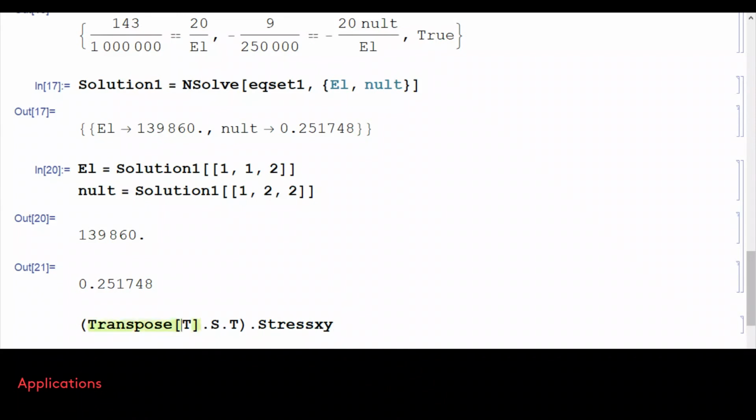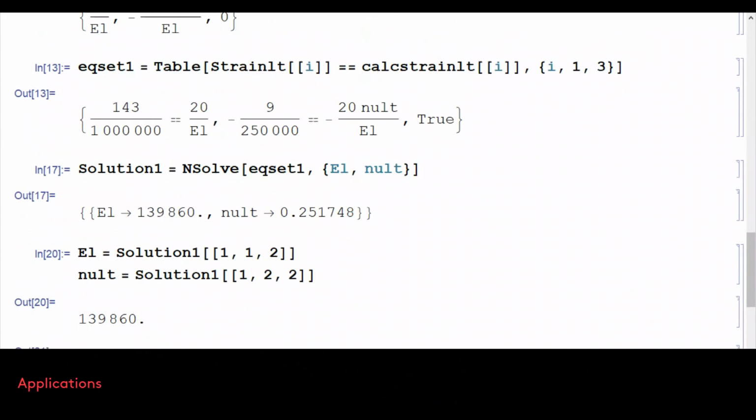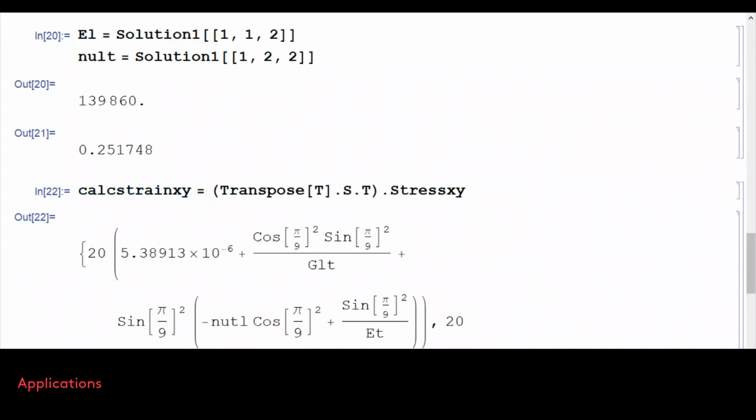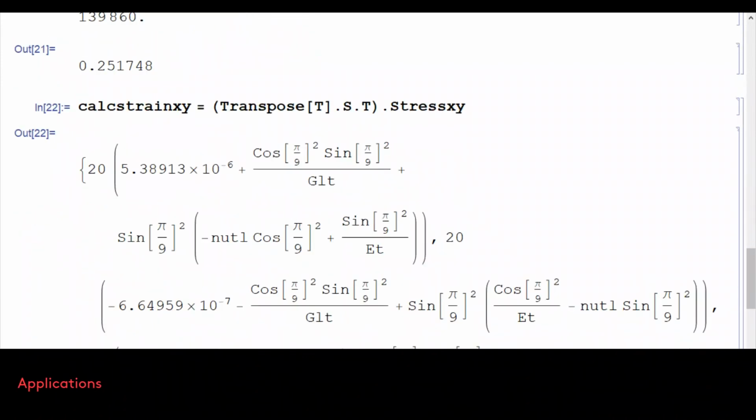So this is my strain, the calculated one. So now I have the expression for the calculated strain.